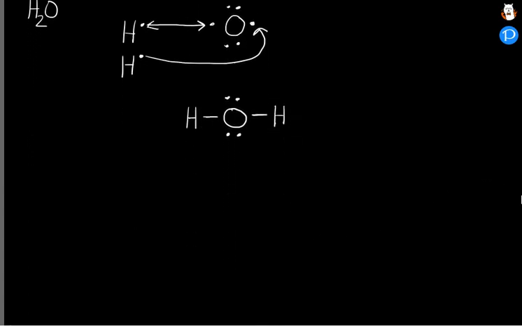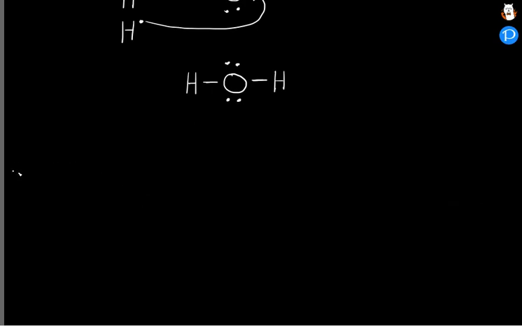Let's try another one. How about CH4? So I've got carbon with its 1, 2, 3, 4 valence electrons, and then I've got 4 hydrogens. 1, 2, 3, 4. Each hydrogen with its 1 valence electron to work with, carbon with its 4 valence electrons to work with, and hopefully this is pretty obvious to you.